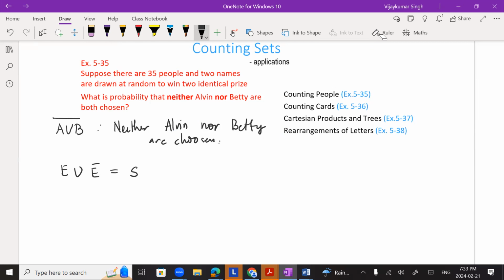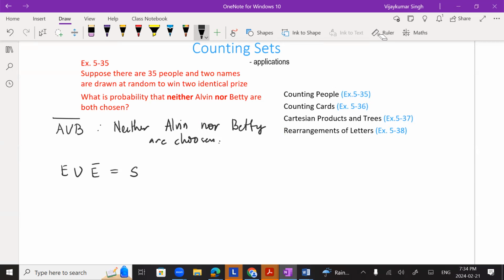Because either the thing can happen or not happen, and this will exhaust all possible outcomes. Like if you toss a coin, it's either head or not head, which is tail. Or if you throw a dice once and you say it's either odd or not odd, then it's even, and that's going to be all the space. So E union E complement is going to be the whole space.